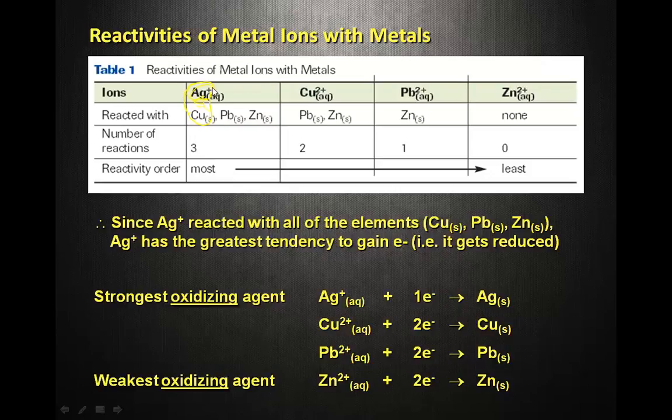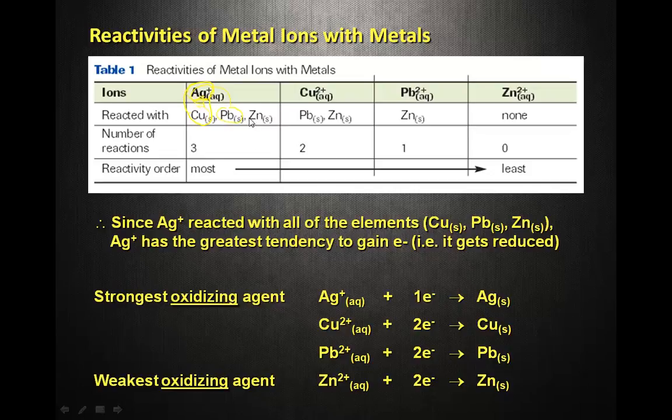Then, in your second experiment, you get another beaker full of Ag+, and you put in Pb solid this time. So what's going on in that beaker is Ag+ is going up to Pb, basically saying, give me your electrons, and because there's a reaction, Pb has given Ag+ its electrons.